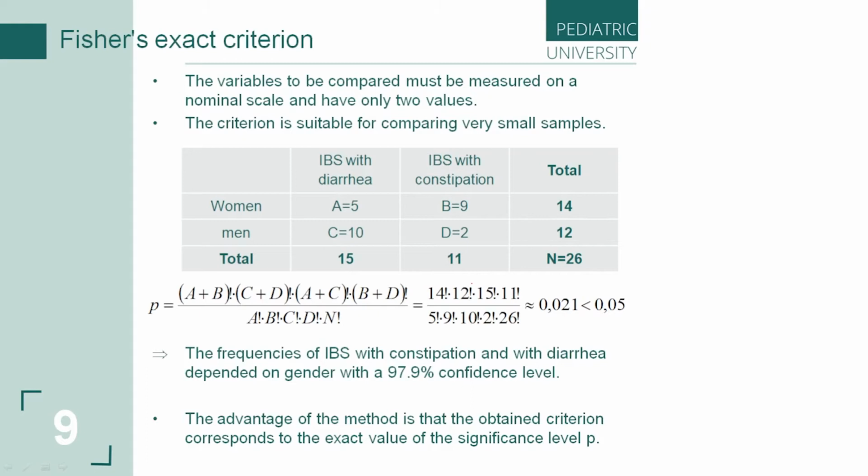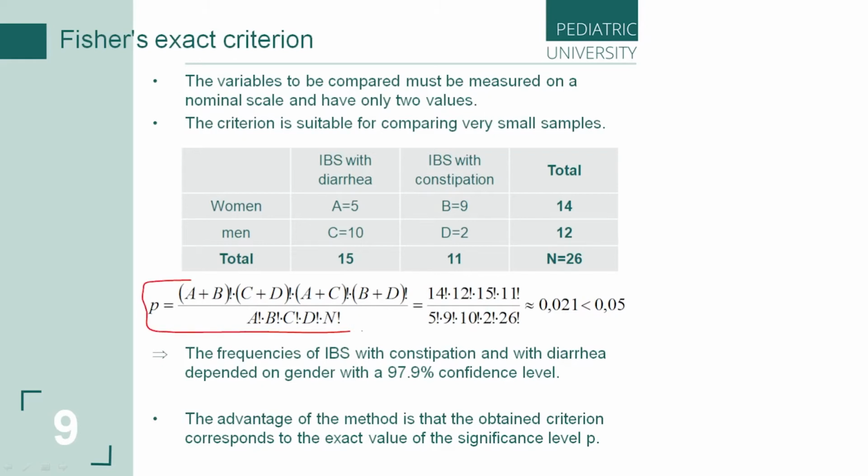So again, let's look at an example. I randomly removed many values from the previous example, leaving only 26 values, only for small calculations. The frequencies are very small, and the significance level is calculated using the formula on the slide. You can see this big formula.